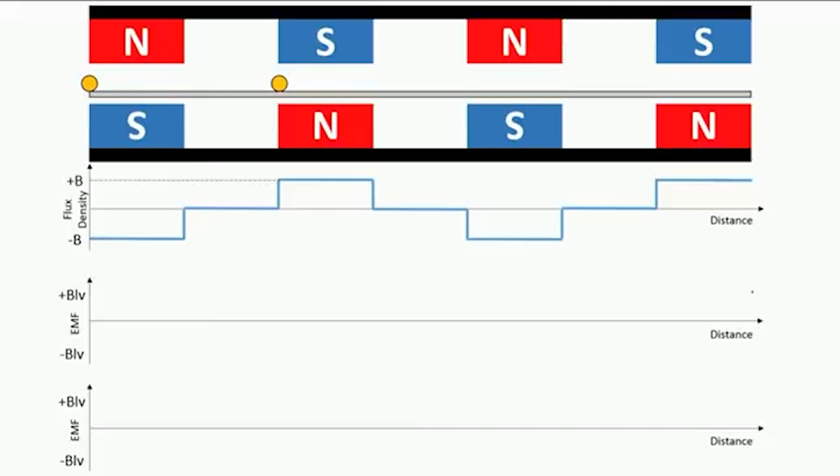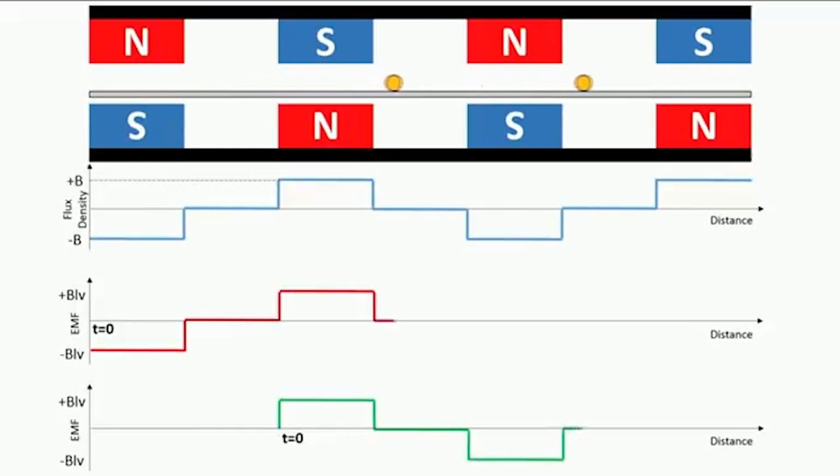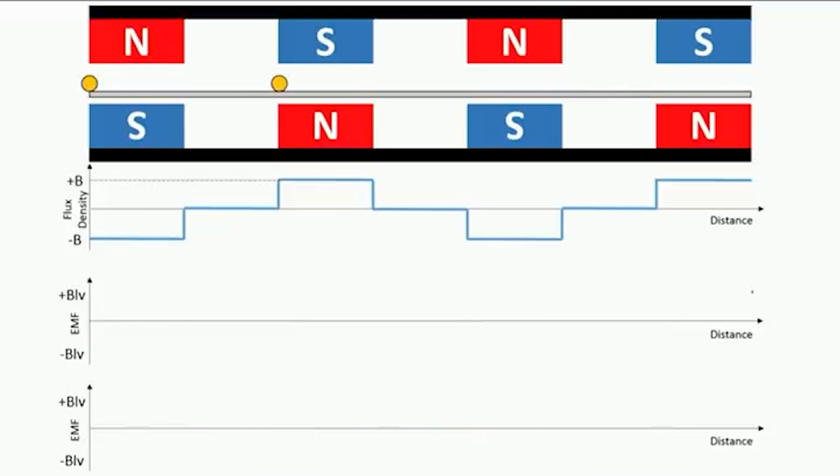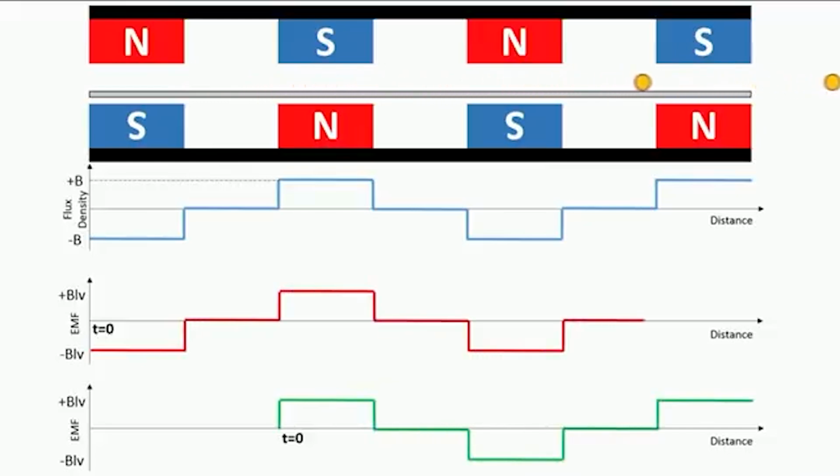If they are stationary, nothing happens, but if you make them move with the same velocity, then the voltage induced in the first conductor is indicated by the red curve, and in the second conductor by the green curve. You see the EMF induced in the second conductor on the right leads the voltage induced in the first conductor.